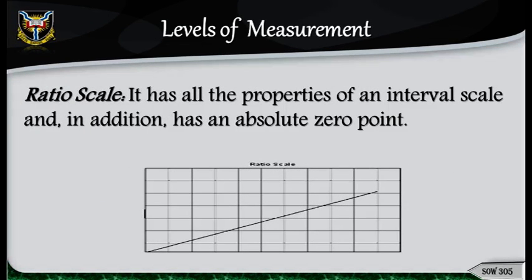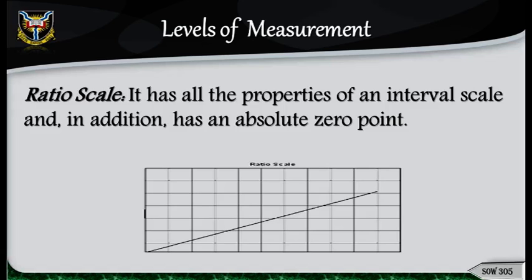D. Ratio scale. It has all the properties of an interval scale and, in addition, has an absolute 0 point. Without an absolute 0 point, it is not legitimate to compute ratios with a scale reading. With ratio scale, one can construct ratios and perform all the other mathematical operations usually associated with numbers.